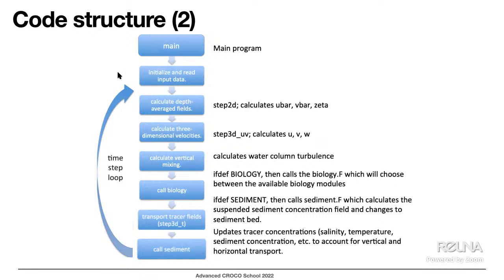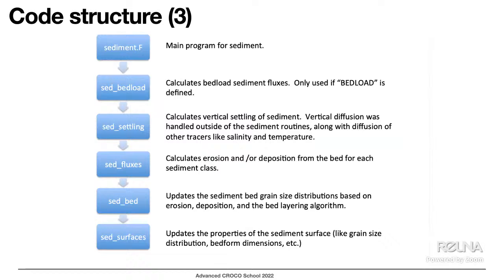Then at the beginning of the time step, you have the shear stress, which is updated from the roughness of the sediment. In sediment, things are done in this order. This is actually only one big file, with different routines inside.